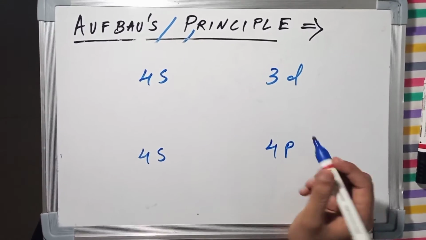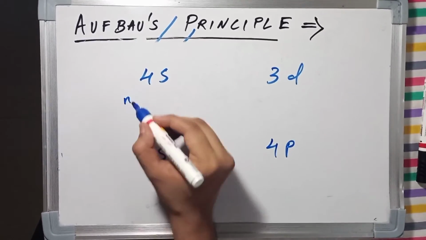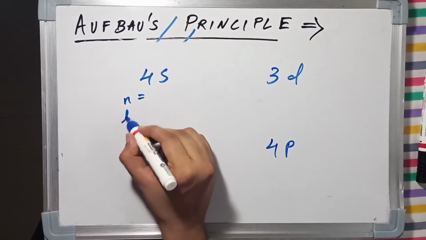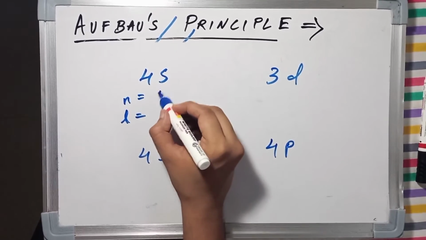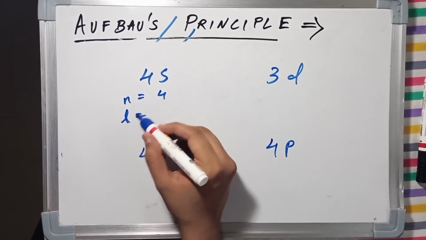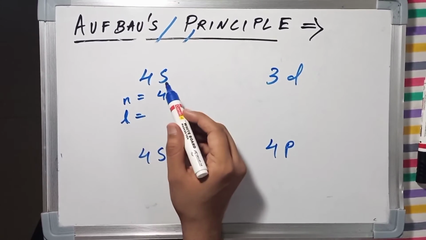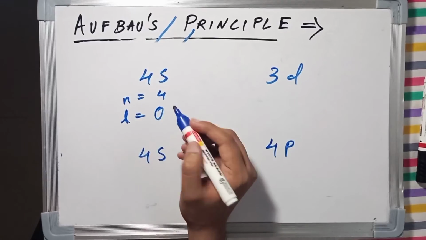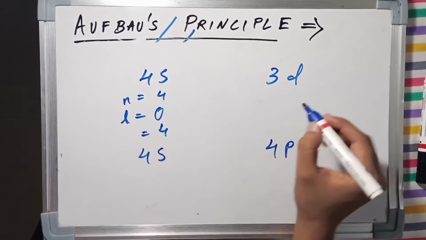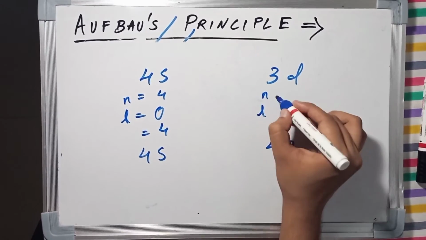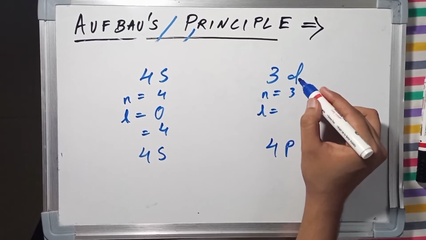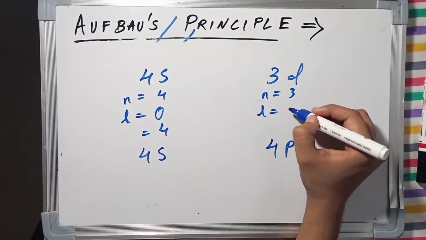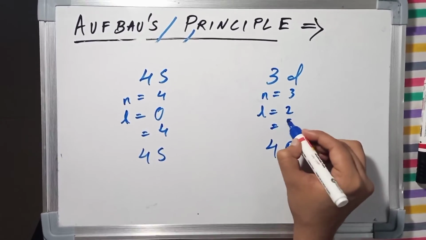Here, n and l. The value of n in 4s is 4, and the value of l, the azimuthal quantum number, in 4s is 0, so n plus l equals 4. For 3d, n is 3 and l is 2, so n plus l equals 5.